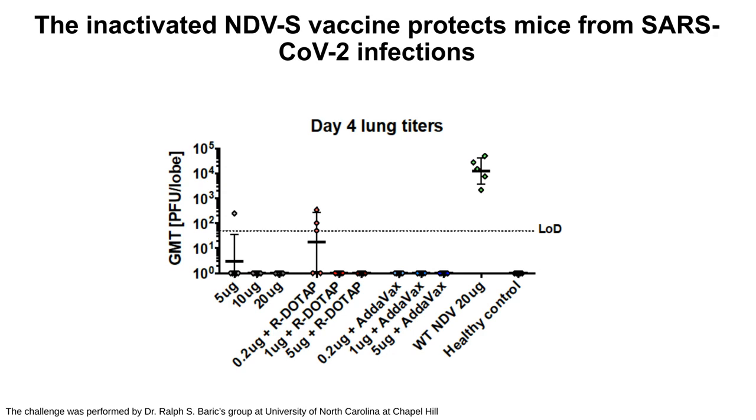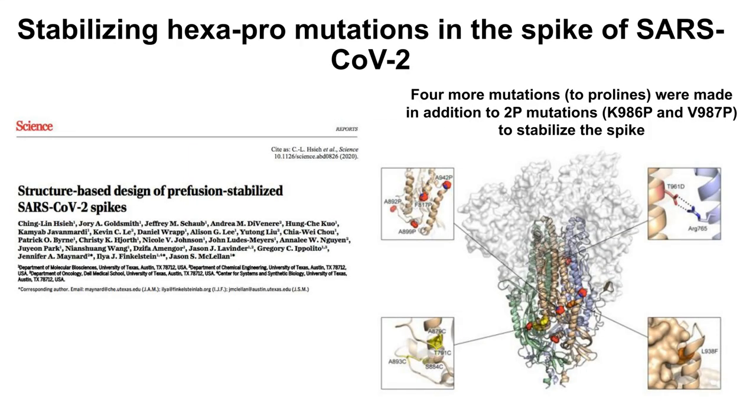And when we were doing these studies, the group of Jason McLellan found some way to further stabilize the spike by introducing not 2 prolines, but 4 more prolines, 6 prolines is what we call it, in the carboxy terminal domain of the spike that make these spikes even tighter and more stable.